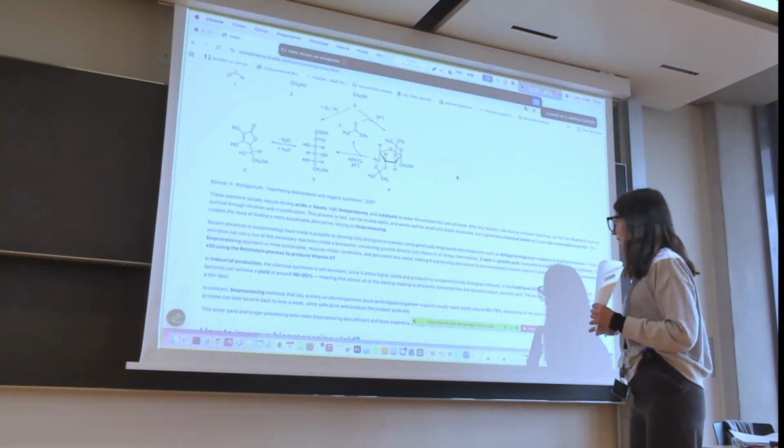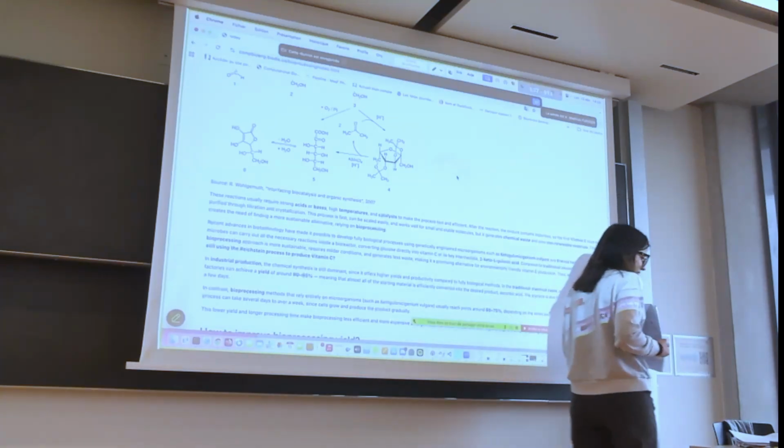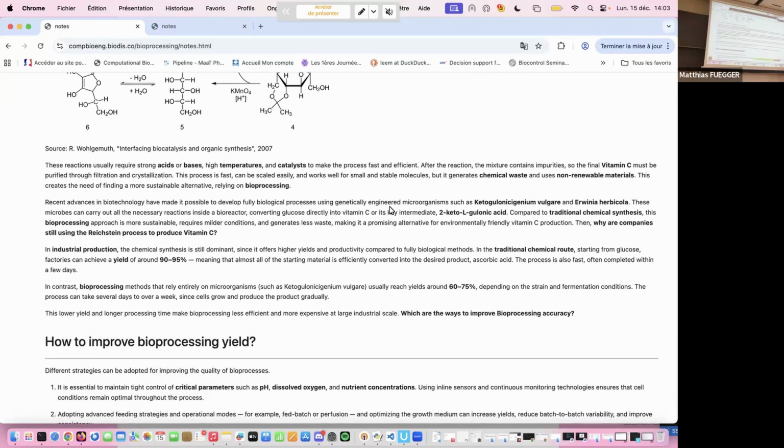The process is fine because it doesn't rely on solvents that are not so good for the environment and for the workers.